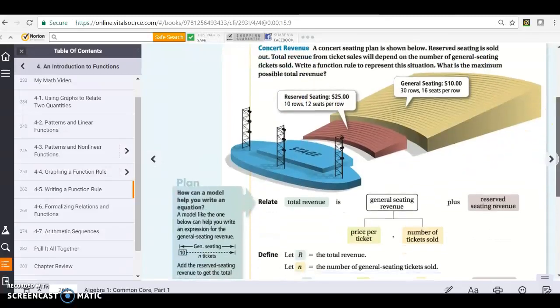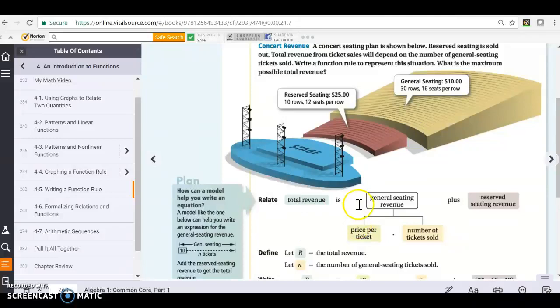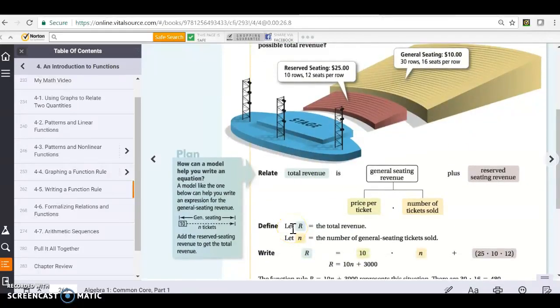So, we have total revenue is general seating revenue plus reserved seating revenue, right? So that's ticket price per ticket and the number of tickets sold. So it says we're going to define our variables first. R is the total revenue and N is the number of general seating tickets sold.